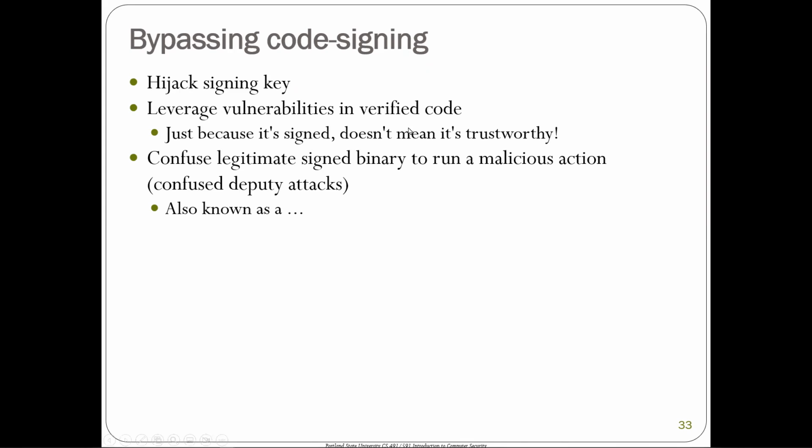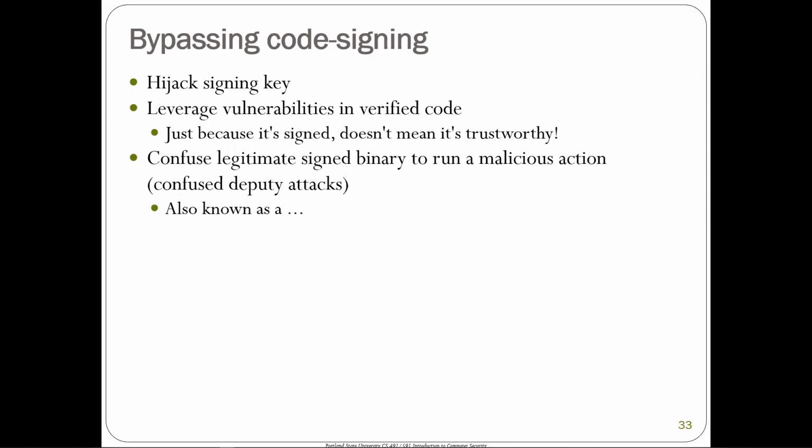You could take code that has been signed, and if it's vulnerable, you can hijack that trusted code in order to inject your malicious code into it. Or you could take the legitimate code and confuse it into doing something malicious. This is kind of like a vulnerability, but there's this set of attacks called confused deputies, where you confuse the signed binary into doing something it probably didn't know it wanted to, or probably didn't want to do.